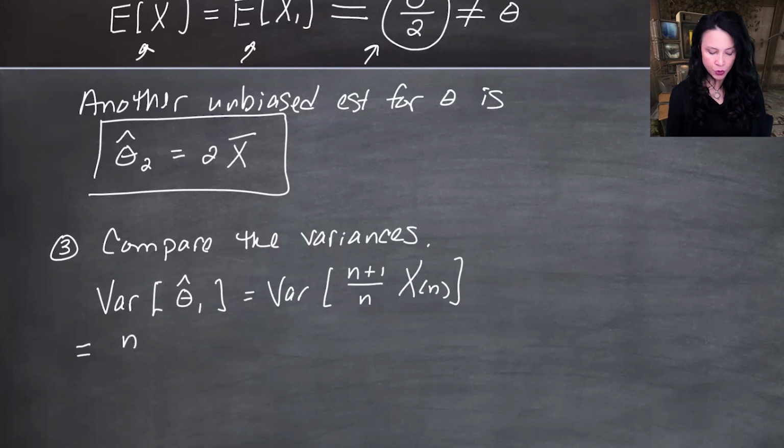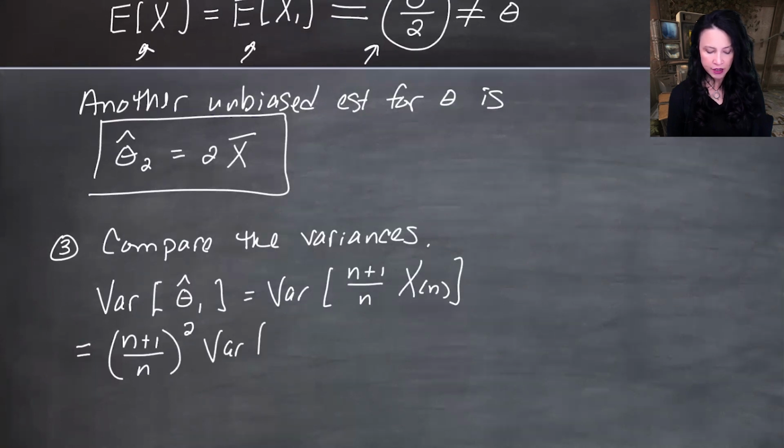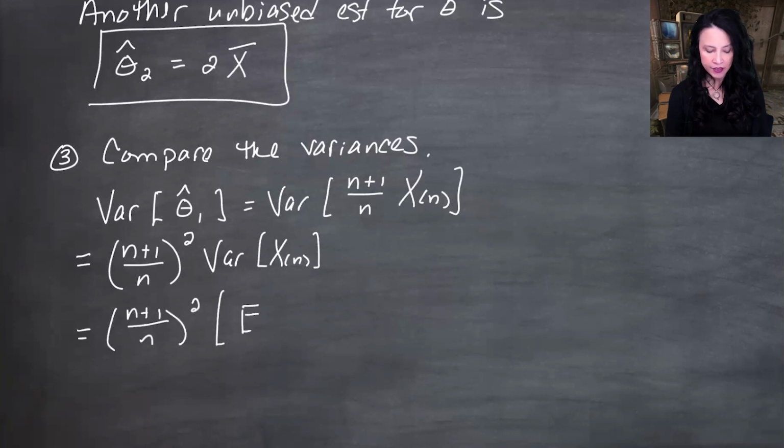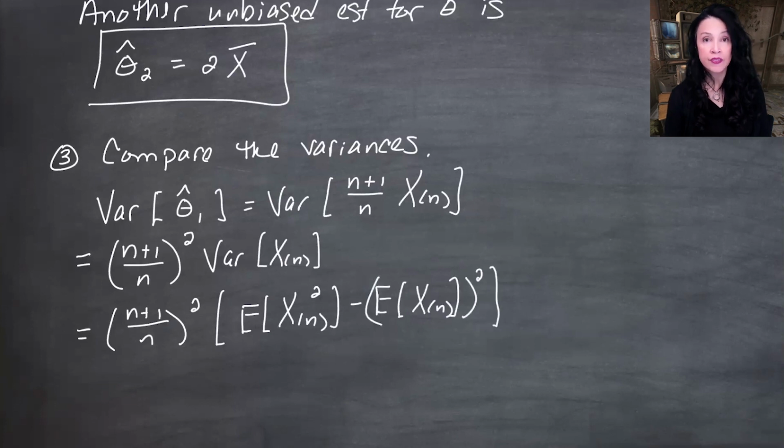It would pull out squared, so I get n plus 1 over n all squared times the variance for the maximum. And we know that we can define this variance for the maximum as the expected value of this maximum squared minus the expected value of this maximum all squared. We learned that in the last class.